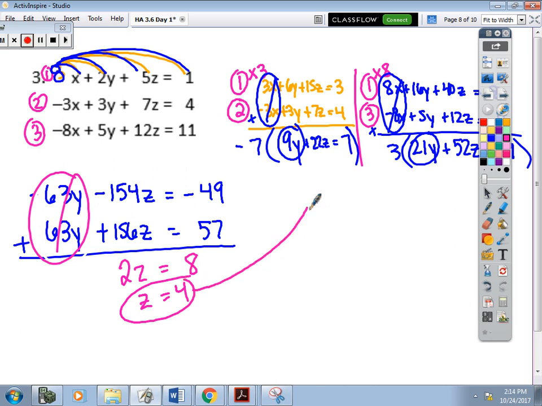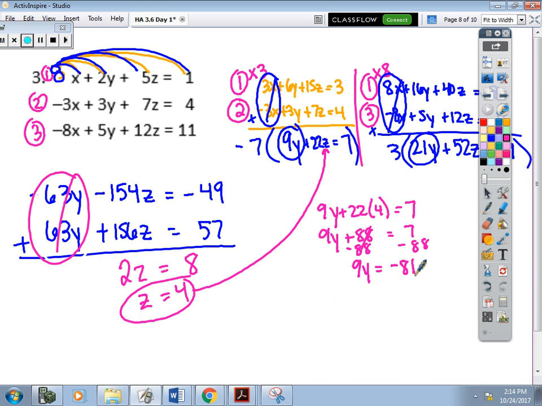Plug 4 back into one of the two equations that we found before. Should get y is -9.